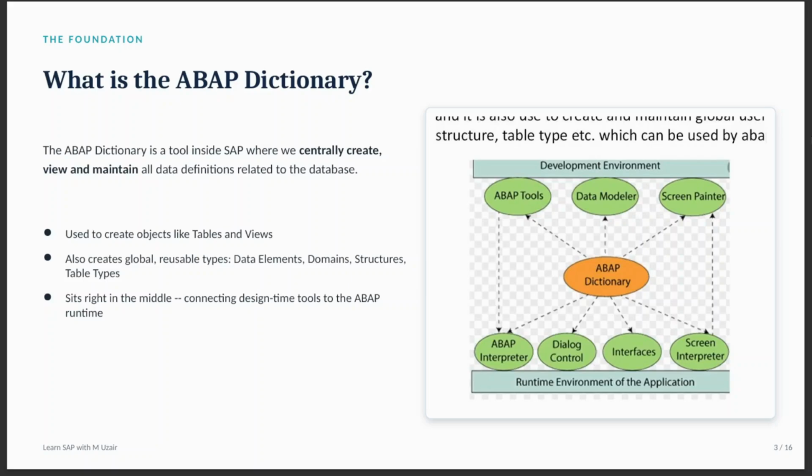We will be discussing these points further in detail in the upcoming lectures. On the other side, you have the runtime environment: the ABAP interpreter, dialog control, interfaces, and screen interpreter. So the dictionary is the bridge between how we design data and how the system actually uses it when a program runs.